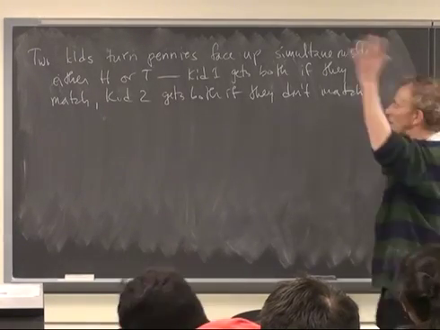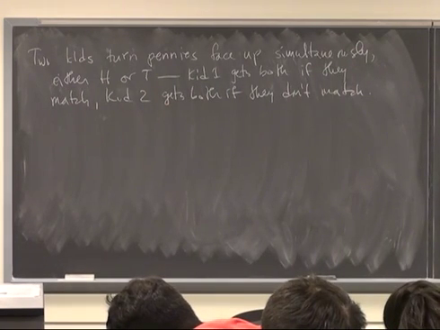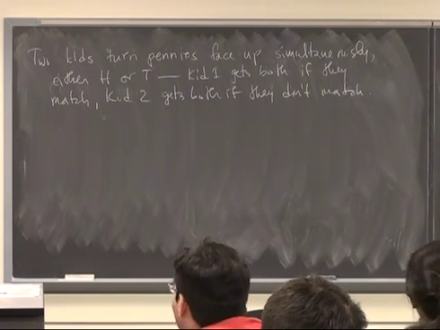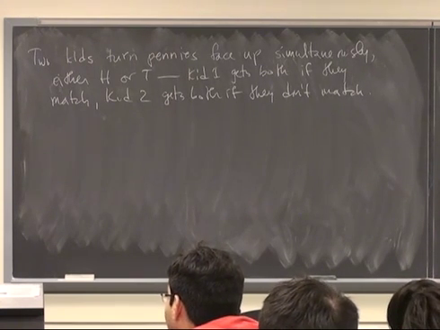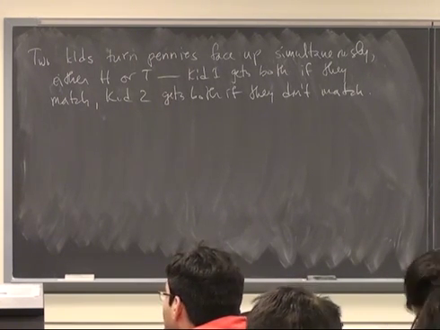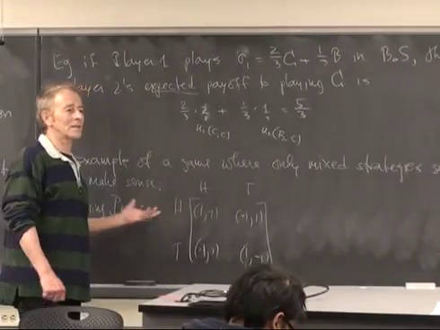Okay, so I'm kid one. What do I do? I have this penny. I have to decide whether to turn up heads, turn up tails. If I turn up heads, the other kid turns up heads, I win. But I don't know that he's going to turn up heads.